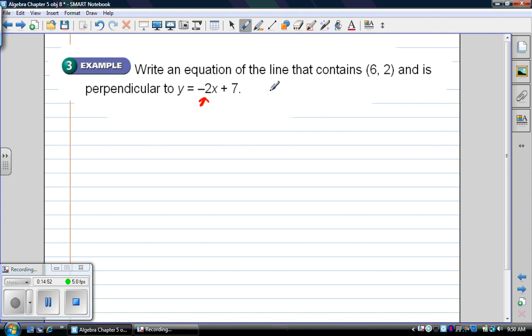So we need to use y equals mx plus b, but my m is going to be positive 1/2 times x plus b. We're going to replace x with 6 and replace y with positive 2. 2 is equal to 1/2 times 6, which is 3, plus b.